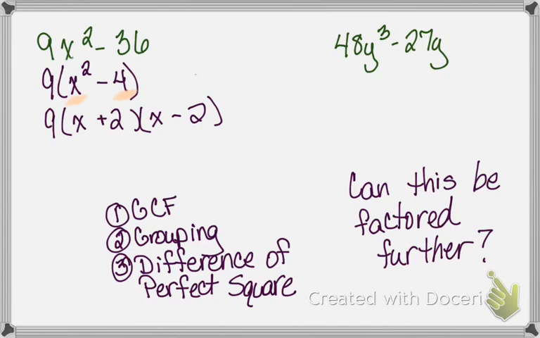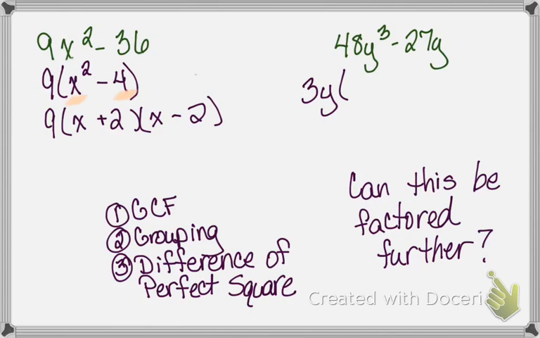Okay, for this one, we have to factor a GCF out first. What's my GCF? 3. 3 goes into both of those. What else is my GCF? Good, 3y. So I'm factoring out a GCF first. Now, you might have thought that that was all that could be factored out.